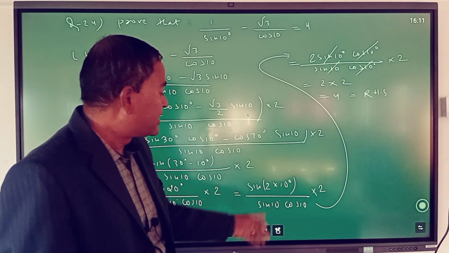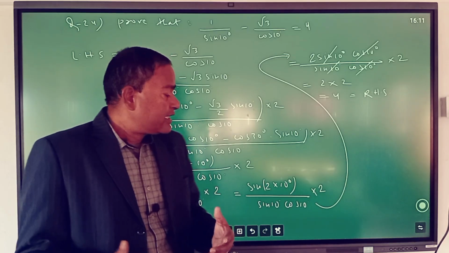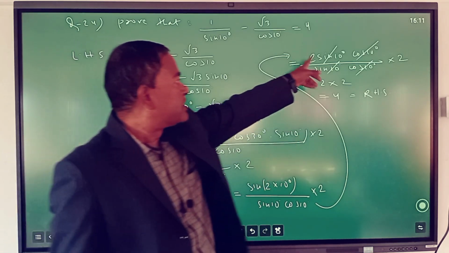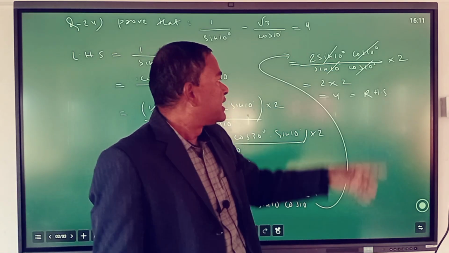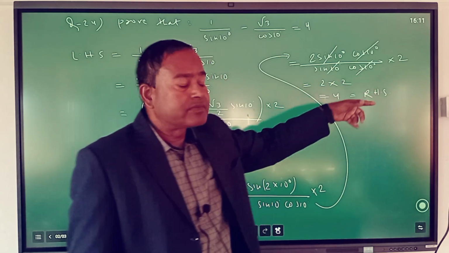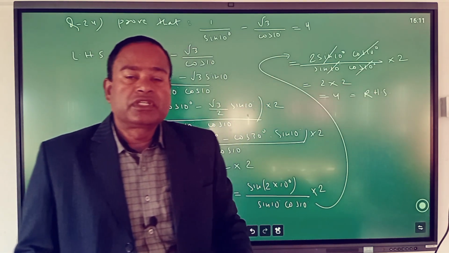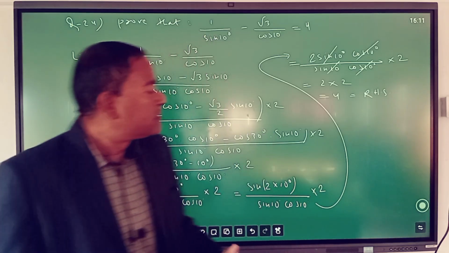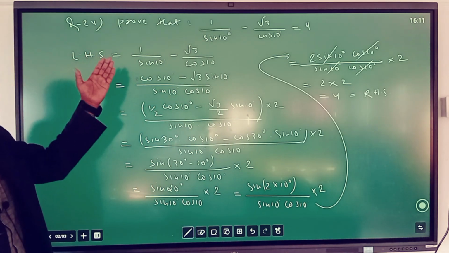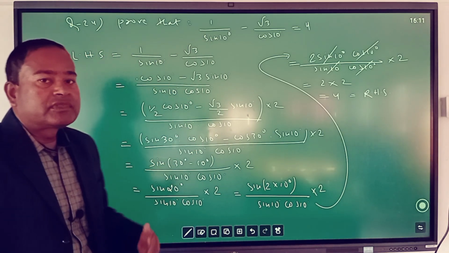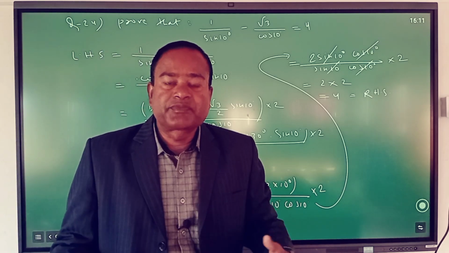So 20 degrees we can write as 2 into 10 degrees. Then using the formula of sin 2A, 2 sin A cos A, then cancelling the same terms, 2 times 2 we have got equals to 4. So this is the proof of question number 24, which is from trigonometry, and it is frequently asked in the SE examination.